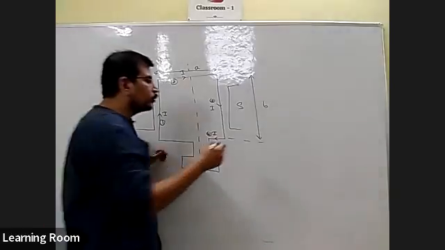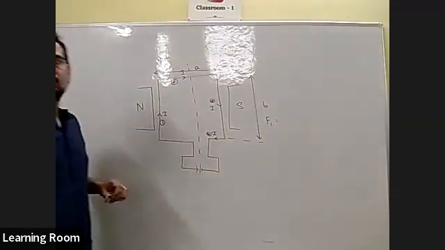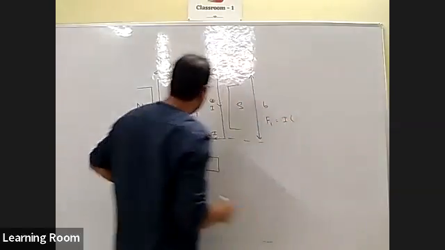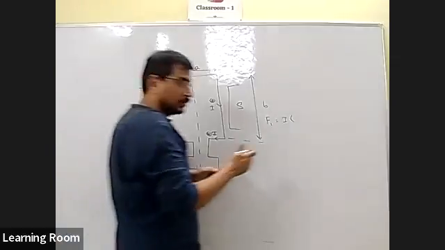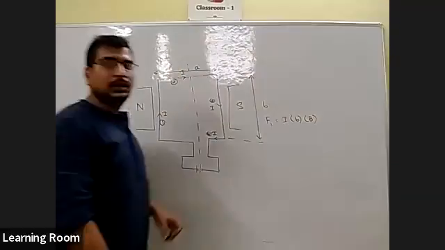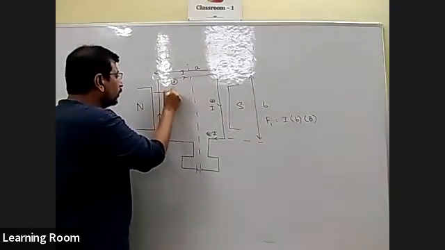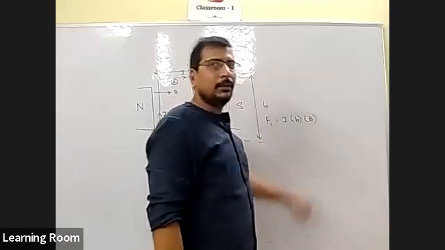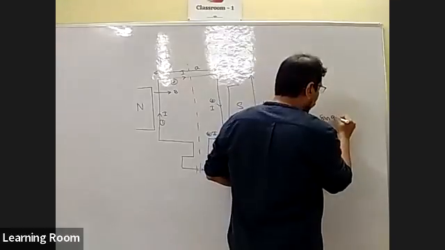So what is going to be the value of force experienced by the first current carrying conductor? It is I into small b into capital B. Capital B is the value of the magnetic field, which is going to be from north pole to south pole. So I into small b into capital B into sine of 90 degrees.